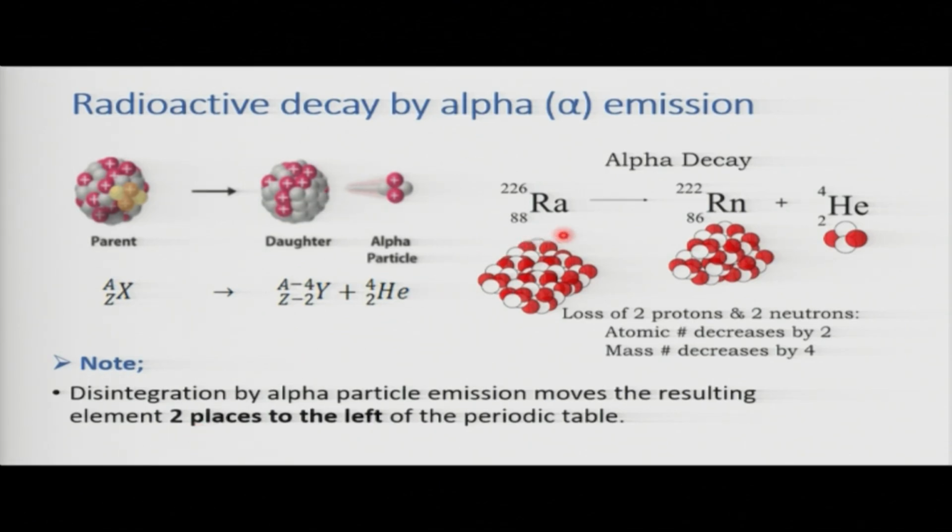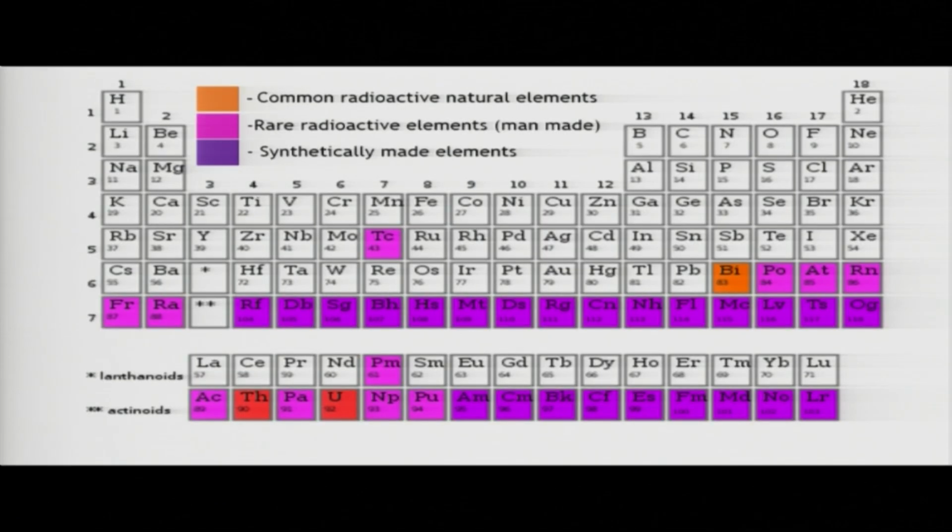To help you come up with this value, this is the equation right here. Look at radium and radon. Let's look at the periodic table and see how they relate. This is radium, and this is radon.